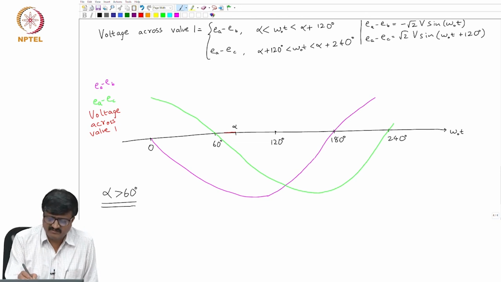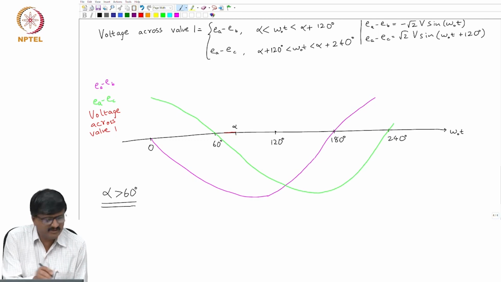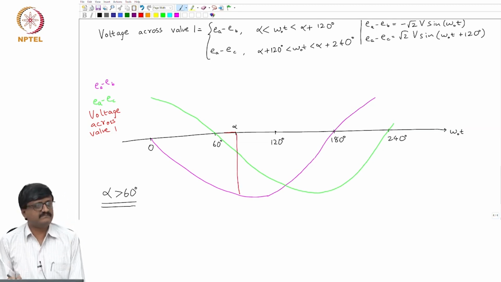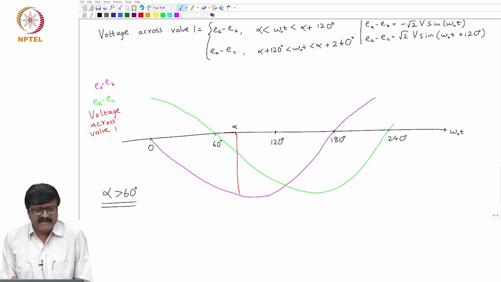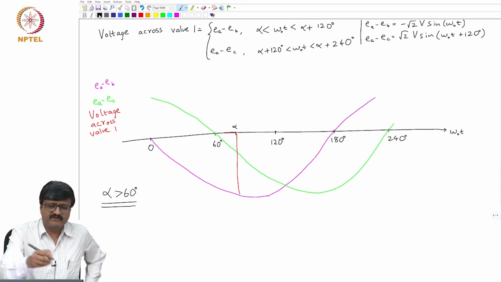So, I will just show for a small duration for which it is 0. Okay. I am not trying to show it from 0 to alpha, I am just showing for a small duration before alpha. So, at alpha, voltage across valve 1 jumps to EA minus EB. So, EA minus EB is this level. Okay. So, it remains at EA minus EB up to what?